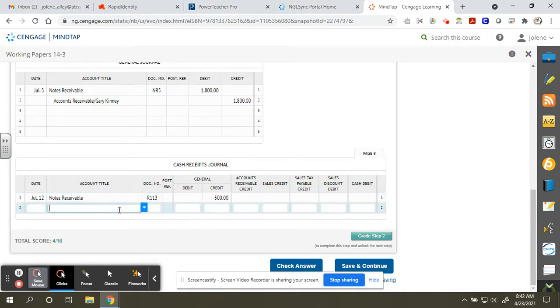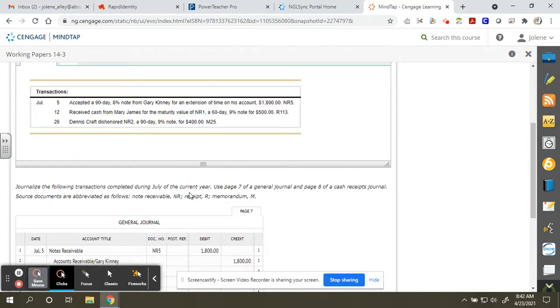Then the next line is going to say interest income, and we have to figure this out. That's the only way we can do it. We have to figure out what her interest is. So remember the formula from the last page?